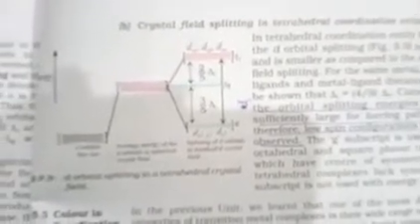So this is crystal field splitting in tetrahedral complexes. Actually, crystal field splitting in octahedral complexes is very important for the exam, but not tetrahedral. For the tetrahedral, you can see the diagrams and try to understand it.